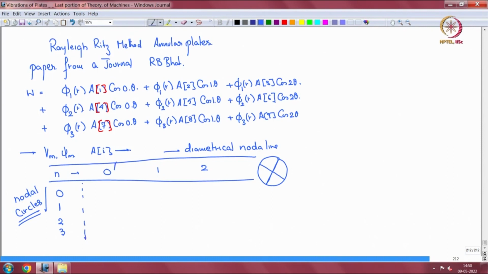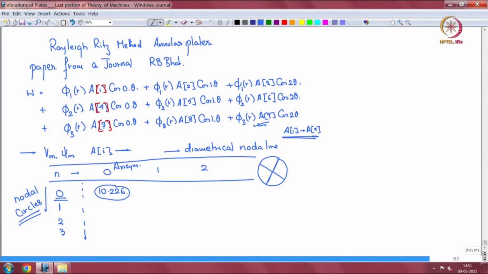n0 is axisymmetric. So for this set the first value I got is 10.226. So I will show you the radial function. At this value of the natural frequency, if I compute the eigenvector, that is a1 through a9, that is the eigenvector.